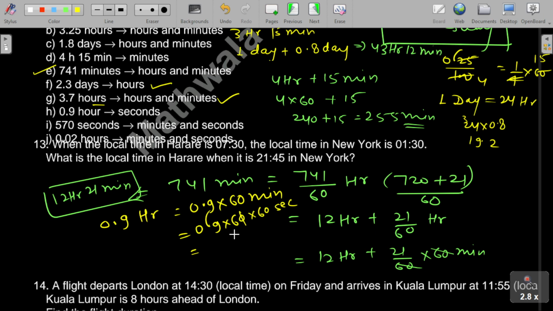If we multiply 9 into 360 seconds, we will get 3240 seconds. So this is our correct answer. 0.9 hour is 3240 seconds.